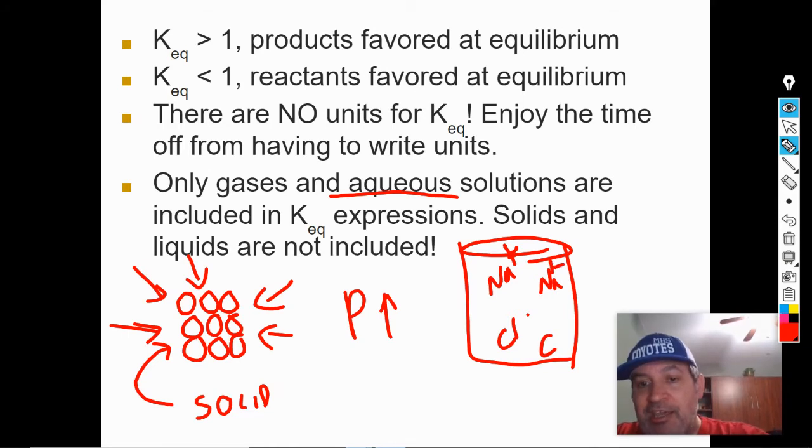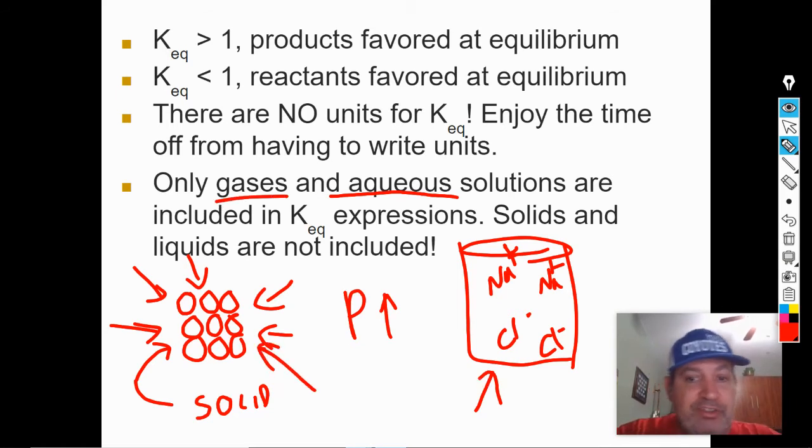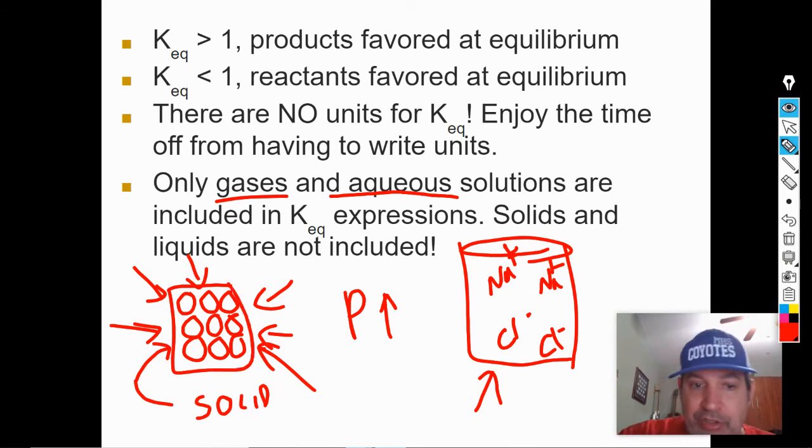So you can change the concentration of these and gases, but you can't change the concentration of a solid or a pure liquid like water. You cannot change its concentration. It's moles per liter, and that's not going to change. Okay, so that's the reasoning why.